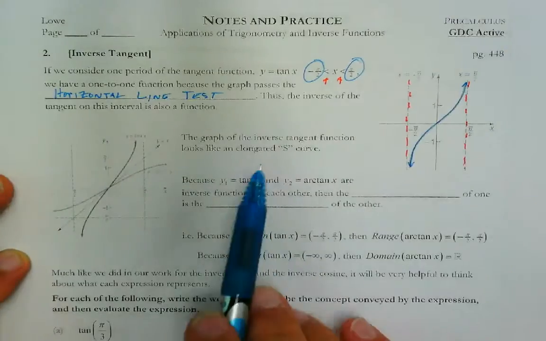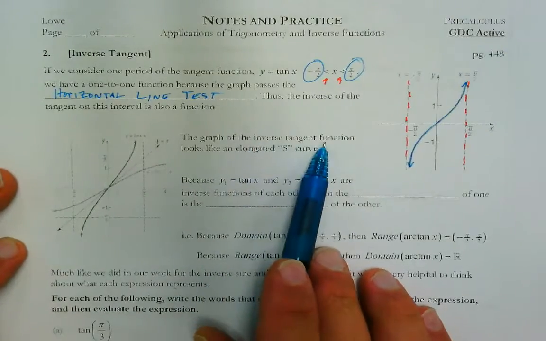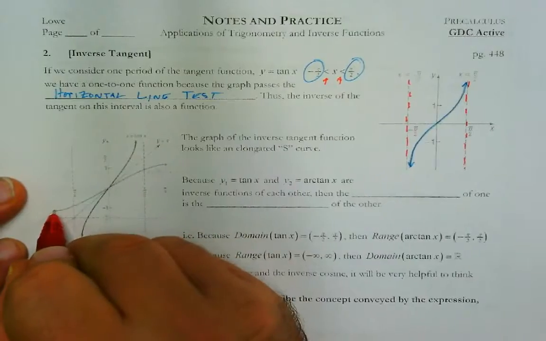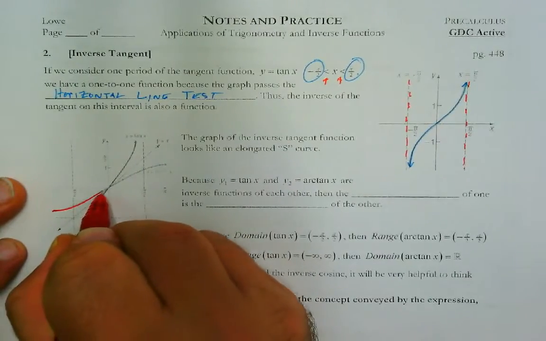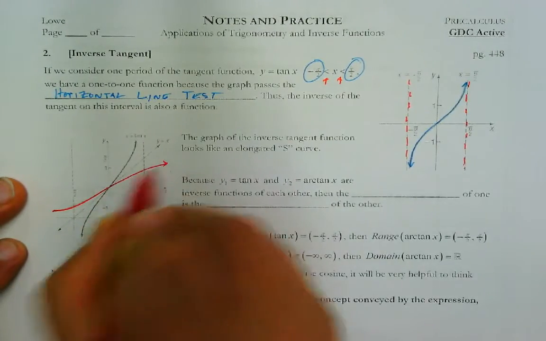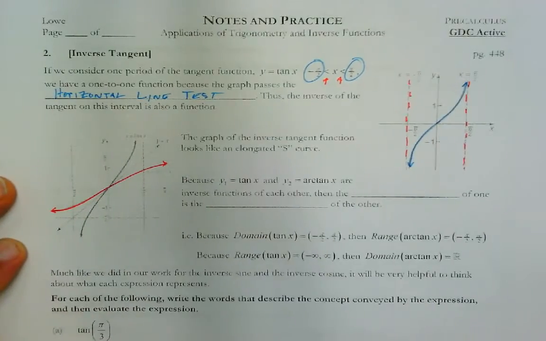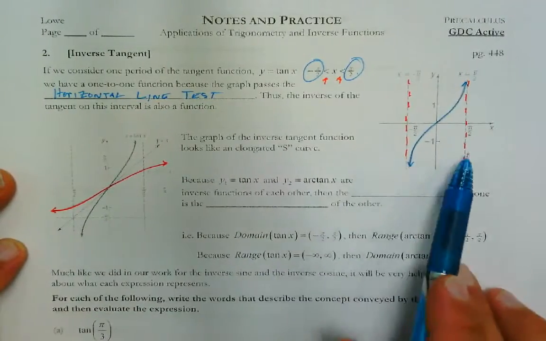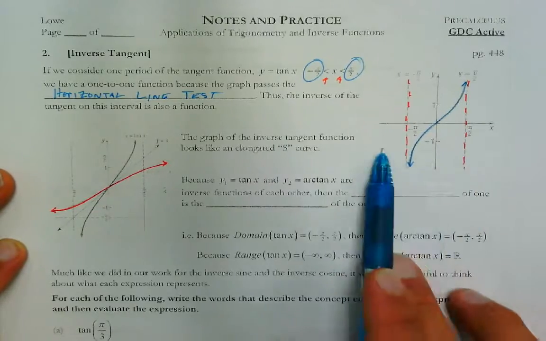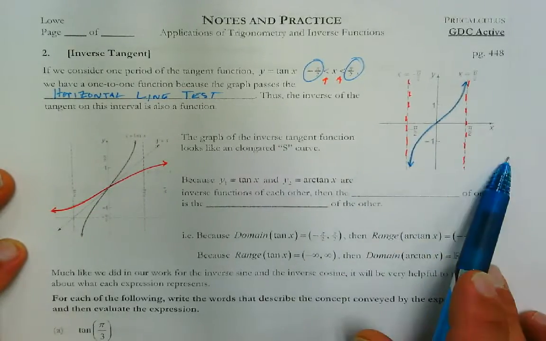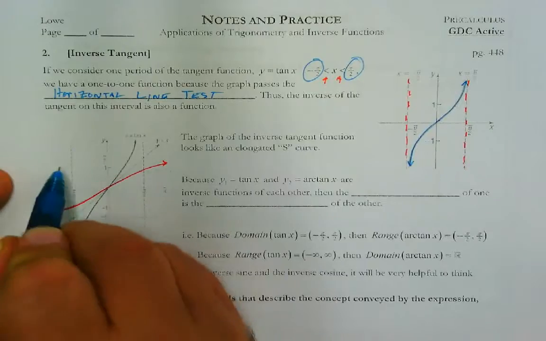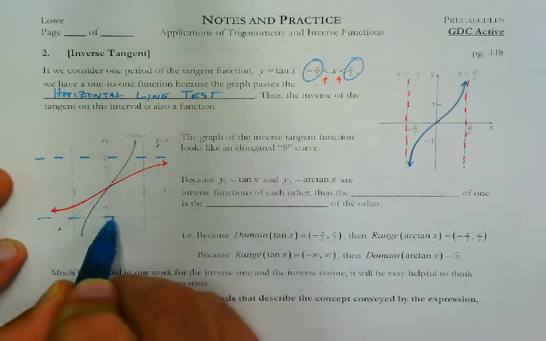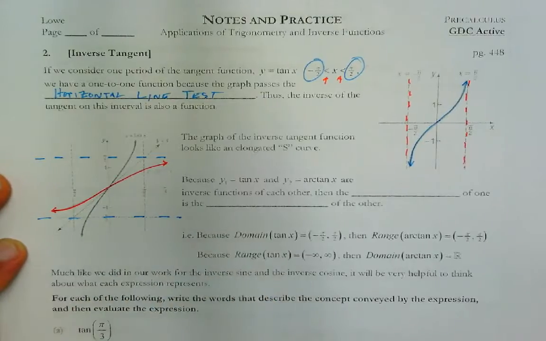The graph of the inverse tangent function looks like an elongated S. Importantly, these asymptotes that I have here based on my domain become asymptotes on my inverse tangent function based on my range.